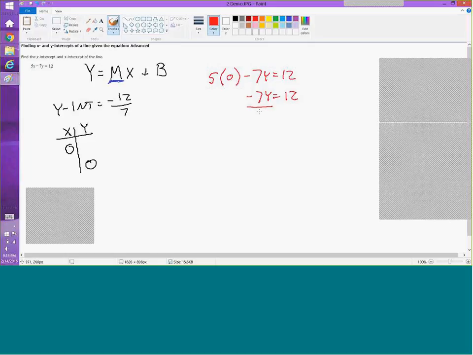And I'm going to divide by negative 7 to get that y by itself, and then get to y equals negative 12 over 7, which is what we had already found, so that's no big surprise.